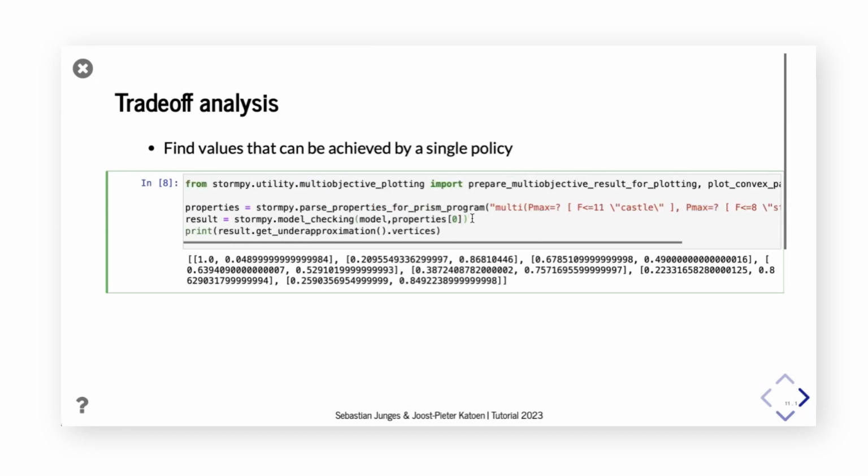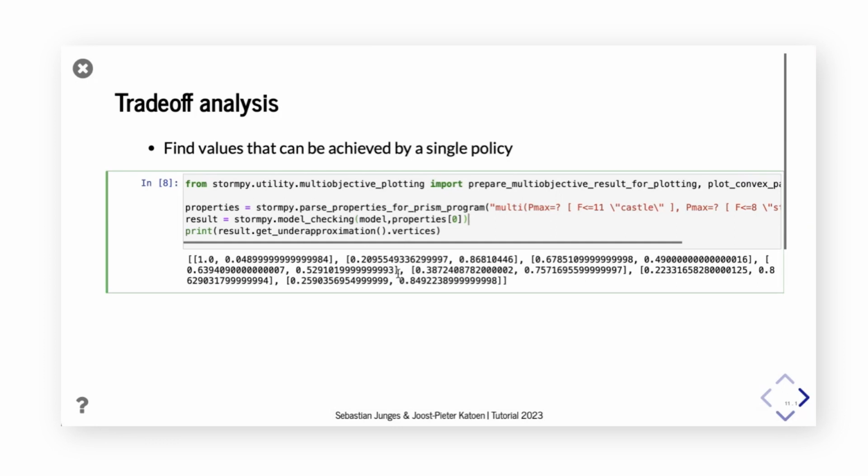And as Joost-Pieter explained before, what we're actually doing is approximating the true Pareto curve with an under approximation and an over approximation. So in this result, you can ask for the under approximation and for these vertices.